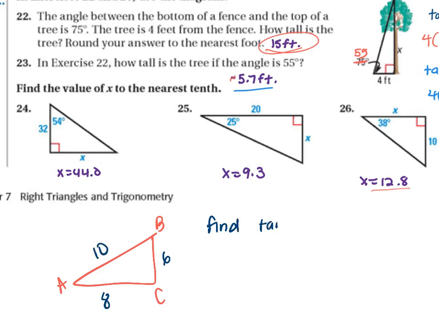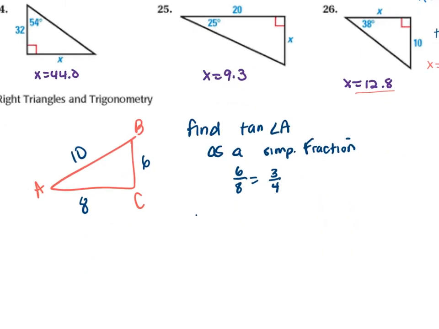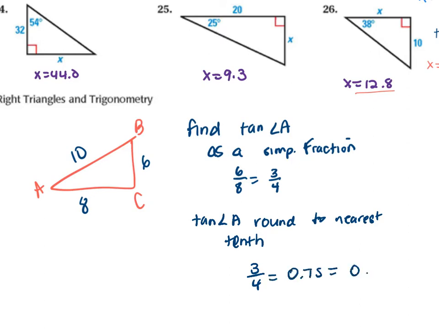Find the tangent of angle A as a simplified fraction. Then I know I would put 6 over 8 and I would reduce it to 3 over 4. If it said find the tangent of angle A, round to the nearest tenth, then I would do 3 over 4, and then I put that in the calculator, 0.75, which would be 0.8.